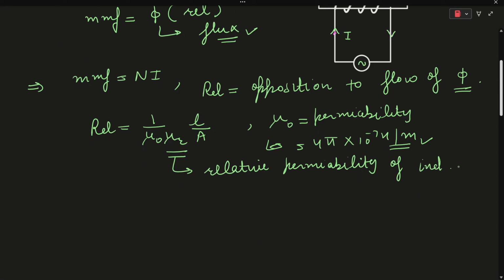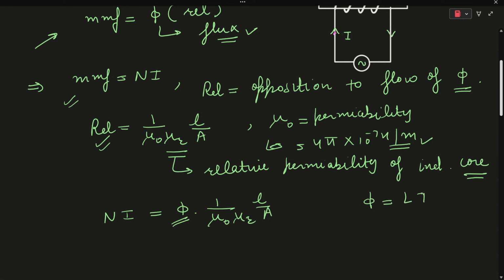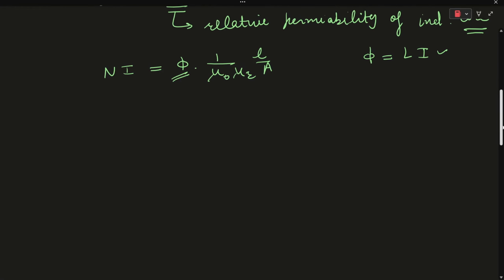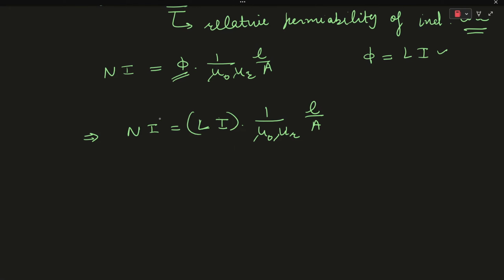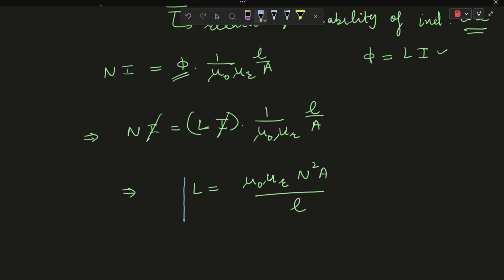On substituting the value of reluctance and MMF in this equation, we get MMF, which is Ni, equal to flux phi into reluctance, 1 upon mu naught mu r into L upon A. Also, the value of the flux is equal to L into I. So Ni is equal to Li into 1 upon mu naught mu r, L upon A. On solving, the value of the inductance will be equal to mu naught mu r N square A upon L. This is the value of the inductance which you need to remember.